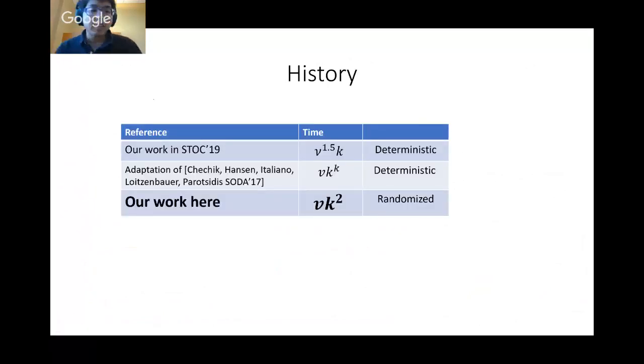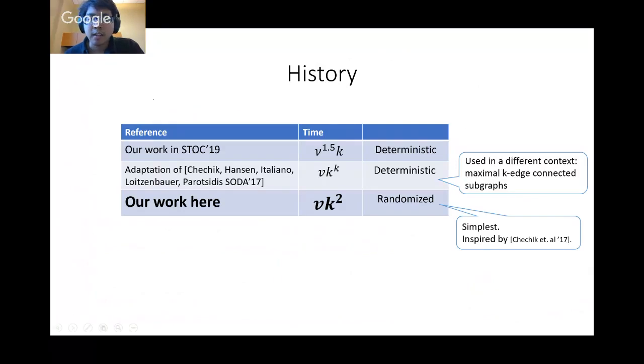It turns out that what we will talk about today is this algorithm with running time nu K square. This is the simplest one, and it is actually inspired by the work by Chechik, Hansen, Italiano, Loitzenbauer, and Parotsidis in SODA 17, where they managed to get an algorithm with nu k to the k, and they used it in a different context, which is the maximal k-edge connected subgraph.